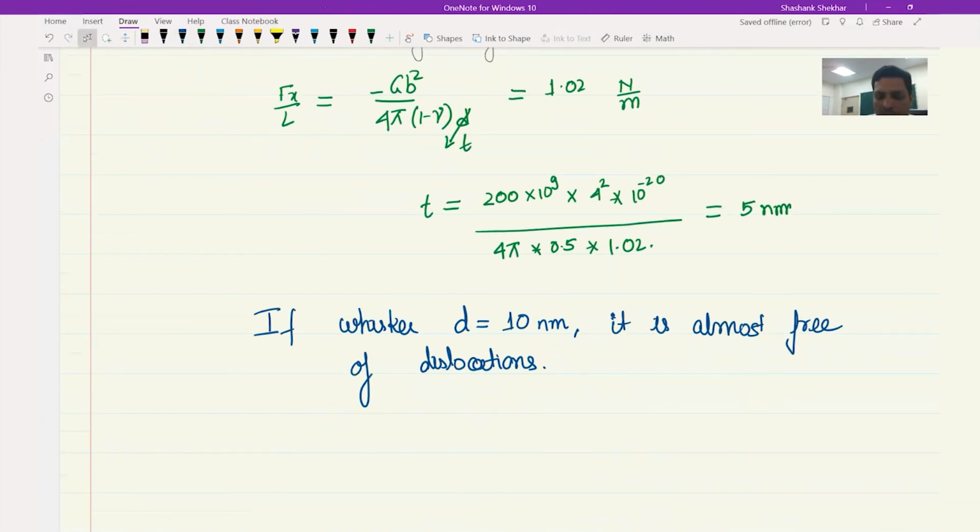But as you keep reducing the diameter of the whisker, the probability of getting any dislocation becomes smaller and smaller. But then it comes to the length of a few atoms, and therefore fabrication of such whiskers and any proper testing of such whiskers would also become problematic.